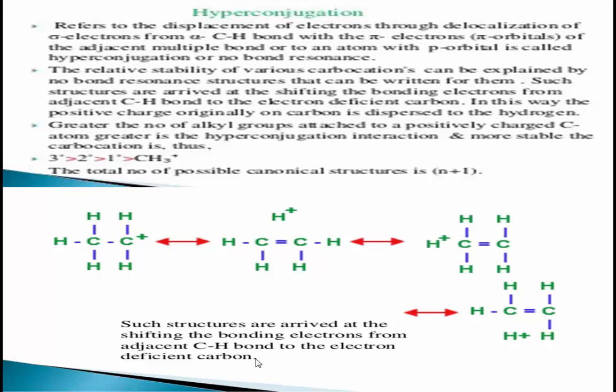If you take this example, carbon valency is 4, but I write 1 plus, which means it has already donated 1 hydrogen. In this structure it is given as H plus, which means here the bond is removed. Only a bond is removed. Because of this, hyperconjugation effect is also called no bond resonance.